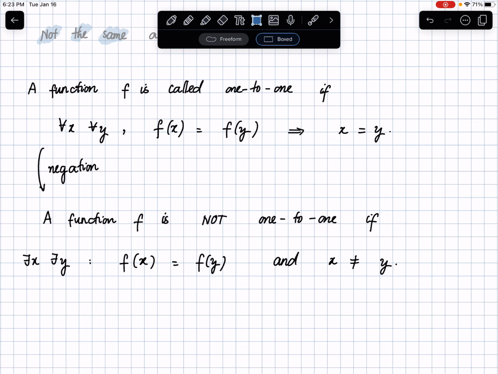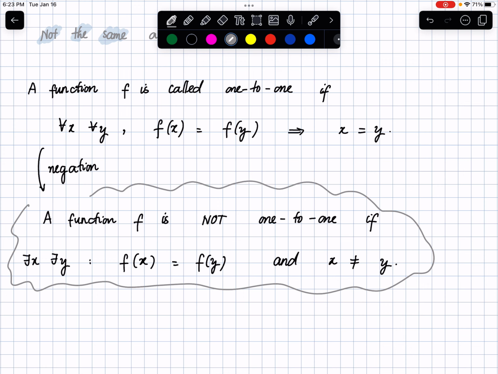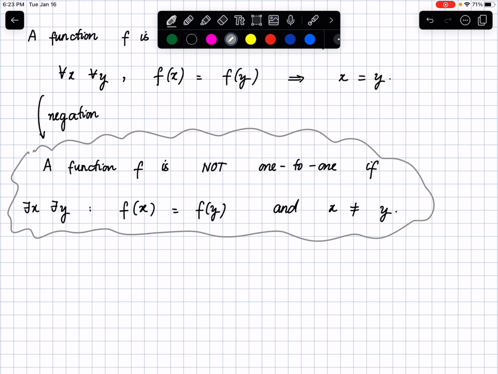So now we know the definition of a one-to-one and not one-to-one function. Can we have an example of a not one-to-one function? There exists x, there exists y such that the values are equal, f of x equal to f of y, but x is different from y.